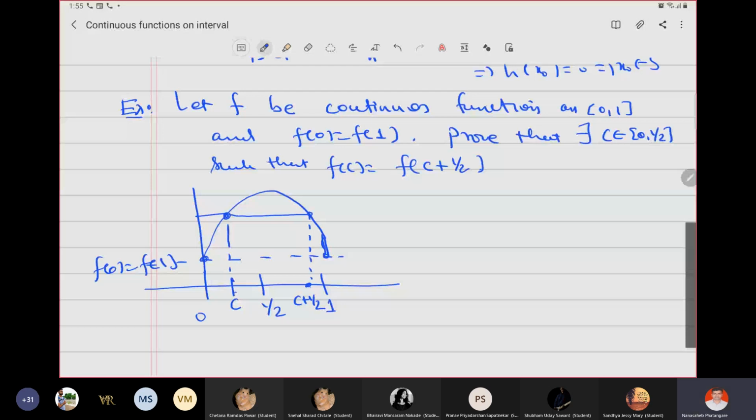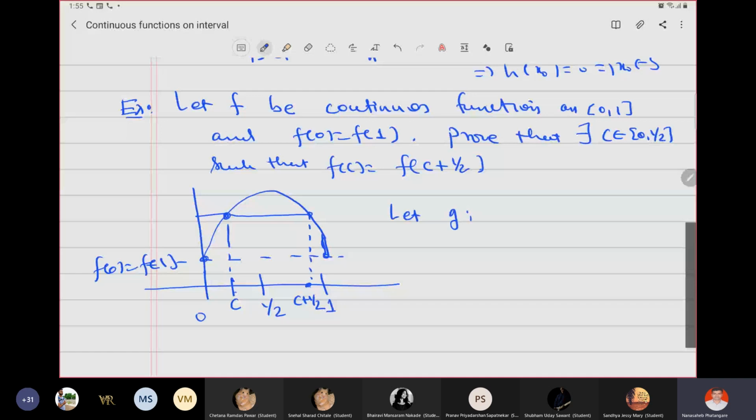That phenomenon is true in real life also, and there is calculus involved in it. So how do we prove it using calculus? Suppose I define a function g on 0 to half such that g of x is equal to f of x plus half minus f of x.